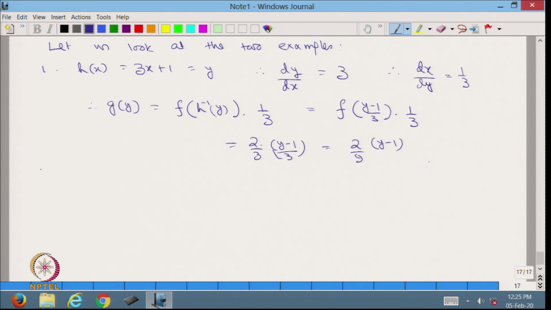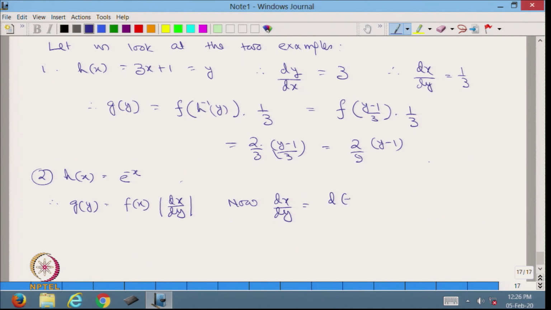In a similar way, case 2: h of x is equal to e to the power minus x. g of y is equal to f(x) into modulus of dx/dy. Now, dx/dy is equal to d(minus log y)/dy, is equal to minus 1 upon y, and f of x is equal to 2x.